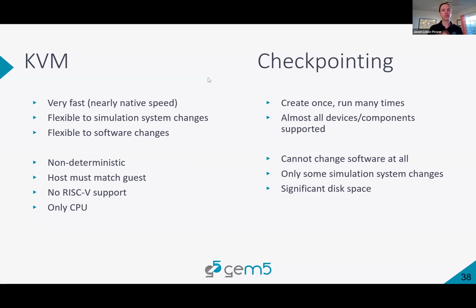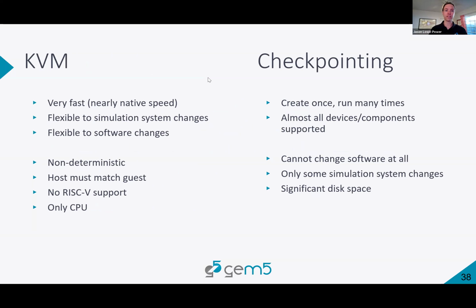So there's these trade-offs between KVM and checkpointing. So KVM is really fast. It's really flexible because you can change your simulation system as much as you want every time you use KVM to fast forward. And it's flexible to software changes. So if you're using a new kernel, using a new runtime, even changing your application, you can do this really quickly with KVM. But the downsides of KVM are that it's non-deterministic.